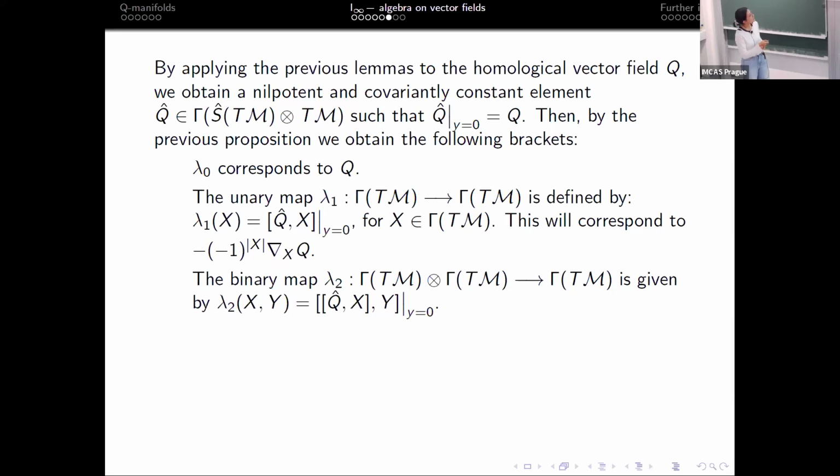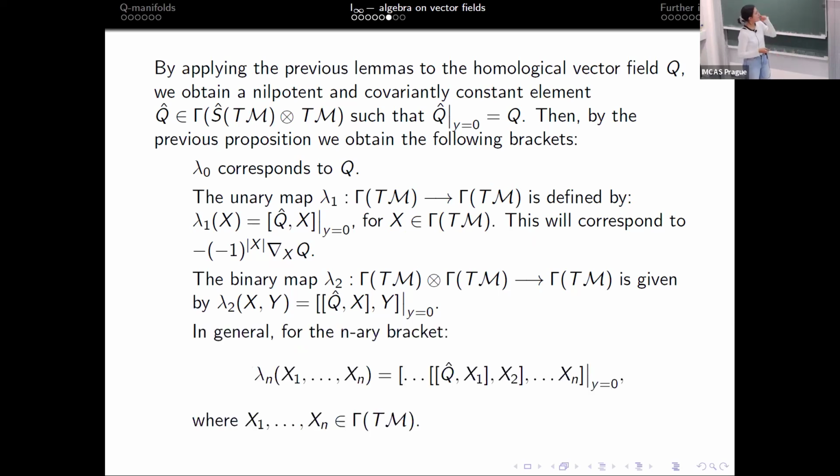And next, by the general definition of the brackets, I will obtain an expression like this. I didn't write the formula explicitly because I think it's not necessary to go into these details. In general, I will obtain this expression, which is just the formula for the derived brackets.